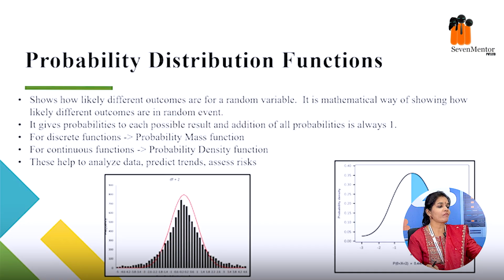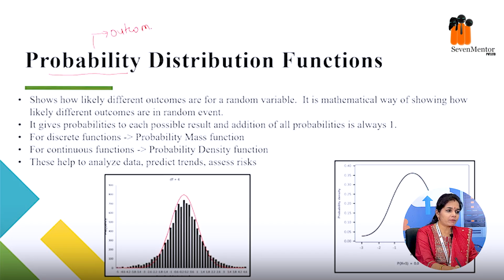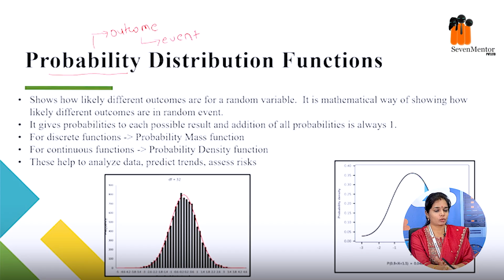Yes, so let's see what a probability distribution function is. We know the definition of probability: the outcome of an event. It is the outcome which we will get depending upon the event, the scenario or the data set.